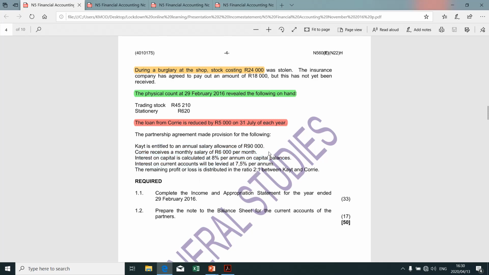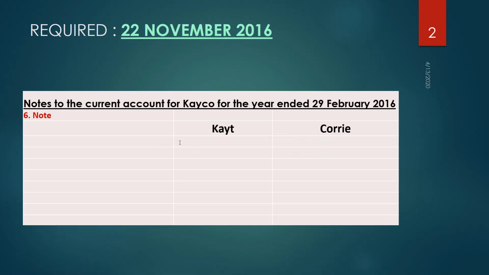Just a quick recap on the current account. If you are required to do the T account, remember it will have a debit and a credit balance. The current account in regards to partnerships reflects the partners' interest. A debit balance indicates that the share of the partner in a partnership is reducing.